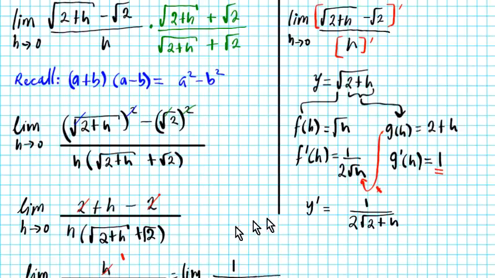Okay? Now let's go back to the problem. The problem asks we had to find three derivatives. Okay? So the problem is now going to become the limit as h approaches 0. The derivative of root 2 plus h is 1 over 2 root 2 plus h based on the work we just did.